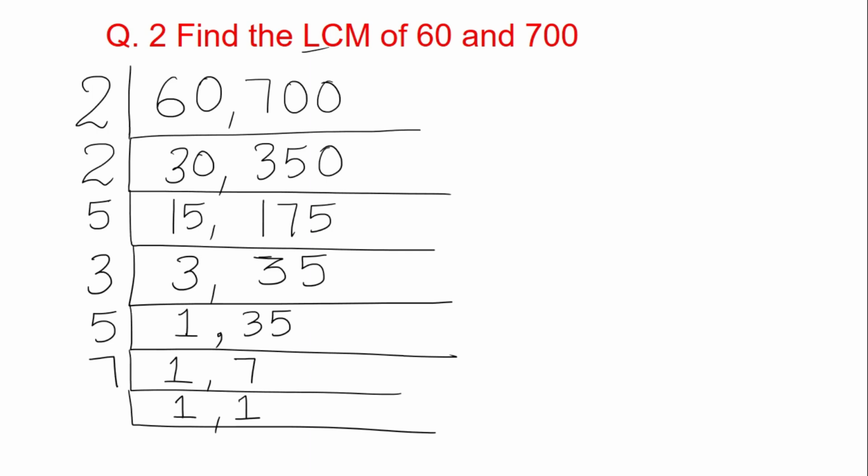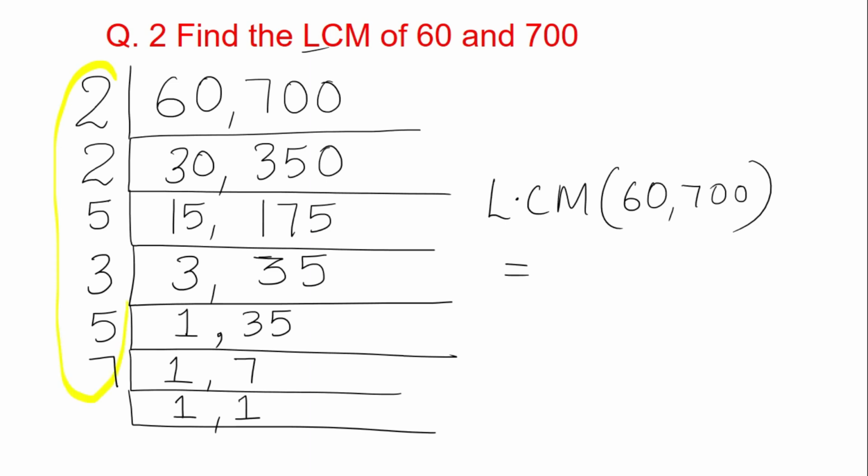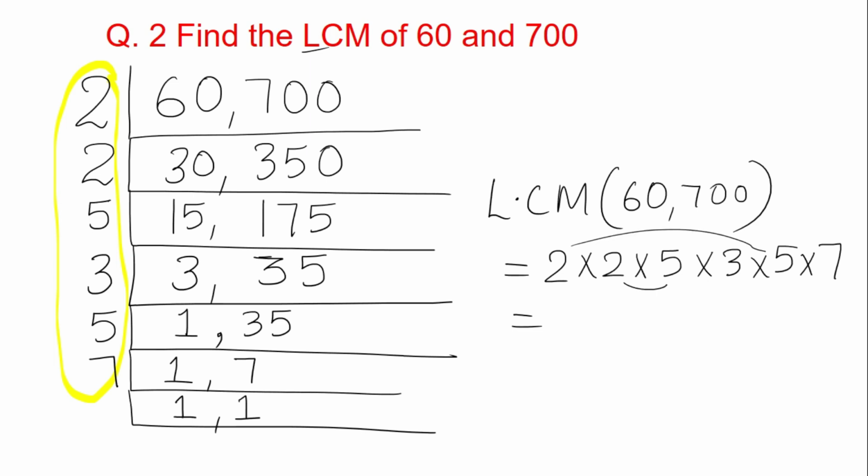I get all ones here, so my LCM for 60 and 700 is going to be equal to, I will just multiply all these terms, 2 times 2 times 5 times 3 times 5 times 7, which is equal to, you can make your multiplication quicker by just combining the 5 and 2, which makes 2 times 5, 10, 2 times 5, 10, so you have 100, times 7 times 3, which is 21.